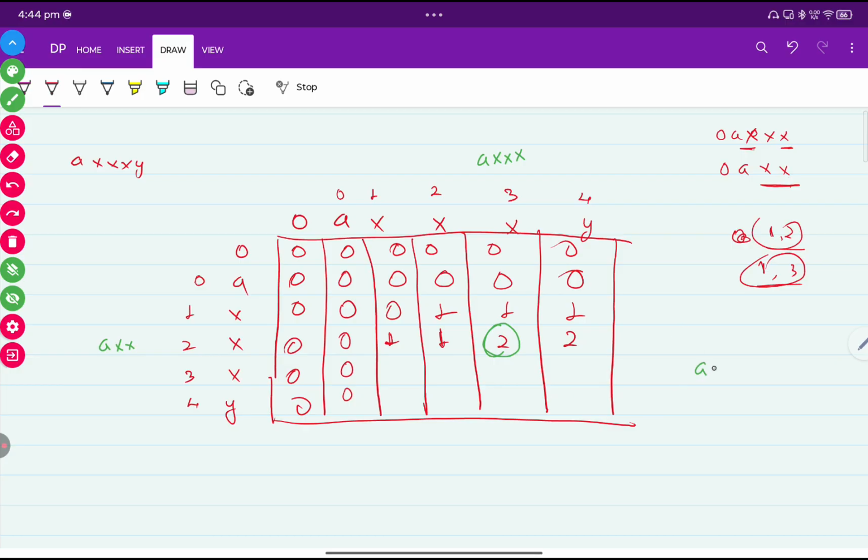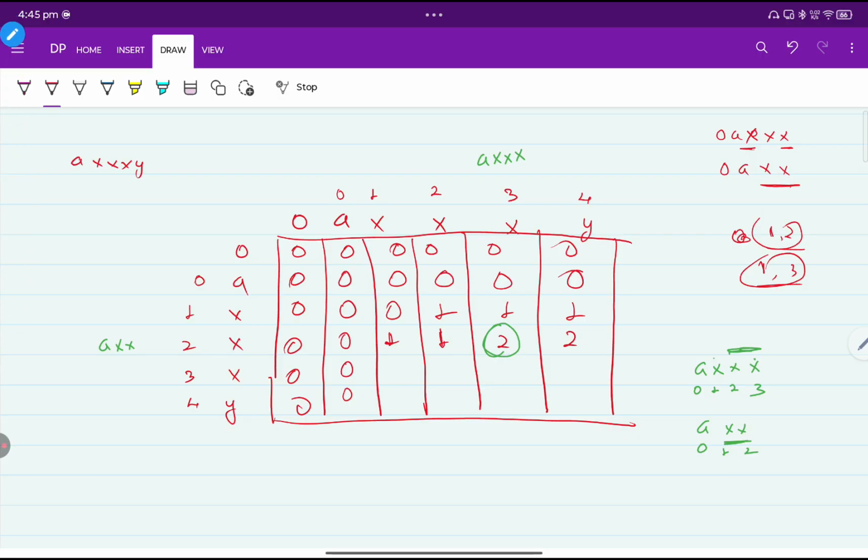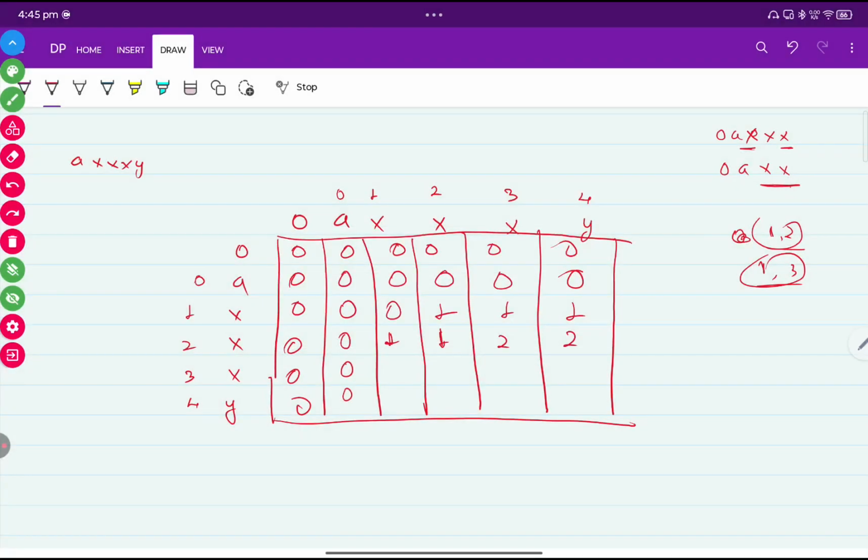This is the common string between them. Under the condition that the sequence does not have the same indexes, the longest common subsequence between them has length 2, which is XX, with indexes 1 and 2 in one and 2 and 3 in the other. That is the problem statement, what the problem wants to tell us.